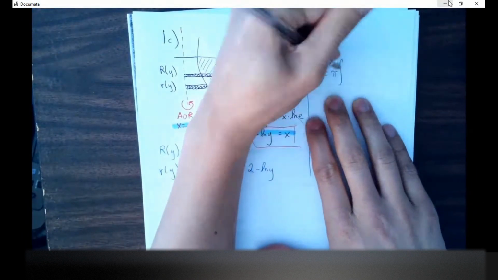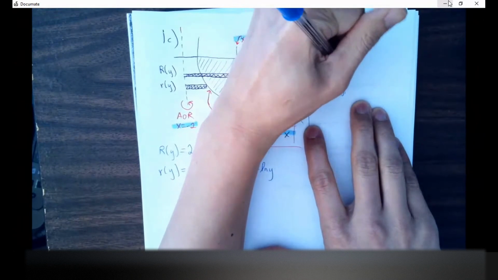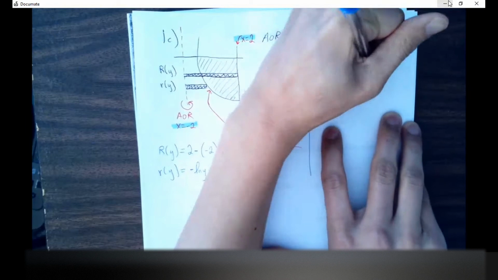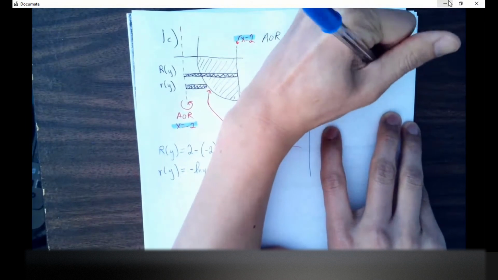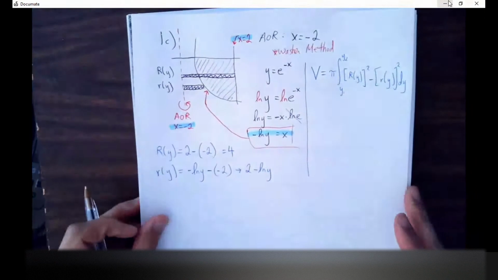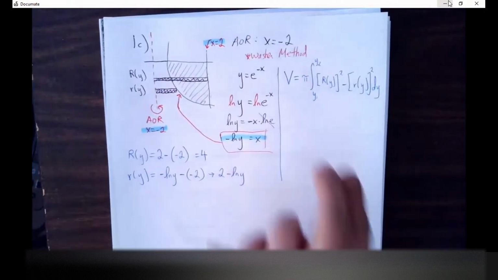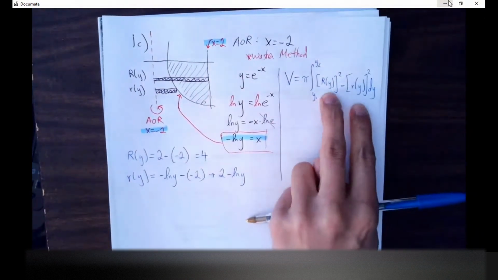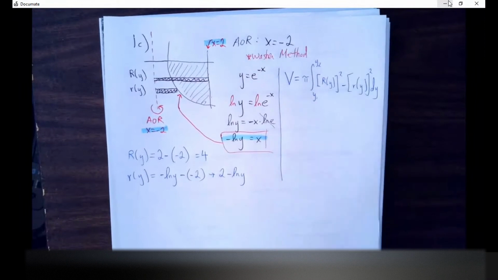So V equals pi integral from y1 to y2 of big radius squared minus little radius squared. All right, we have the perfect substitution for big R and little r. Those are good to go.